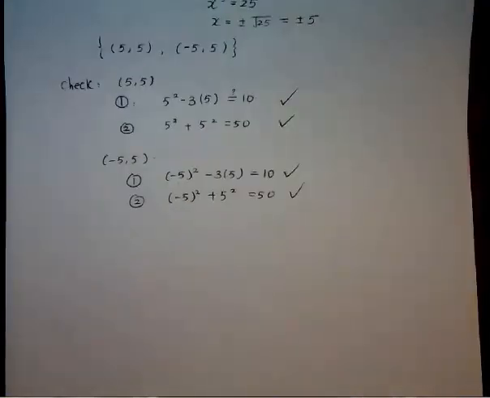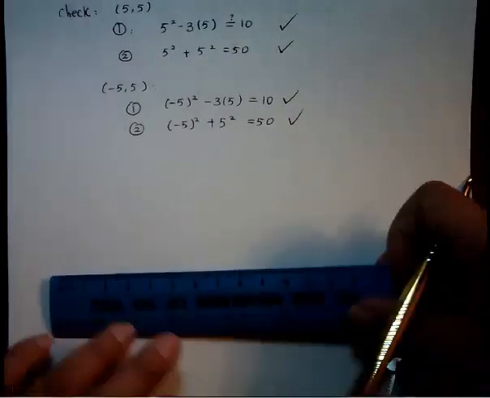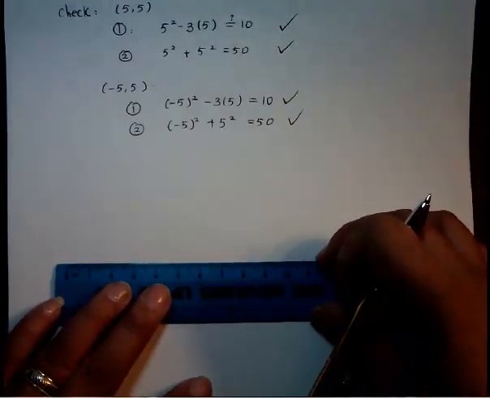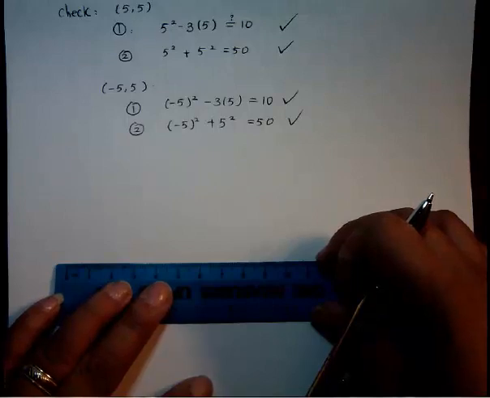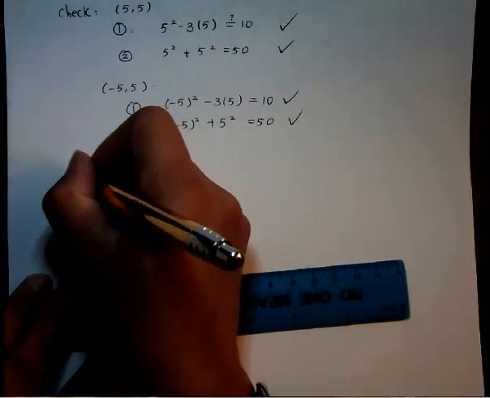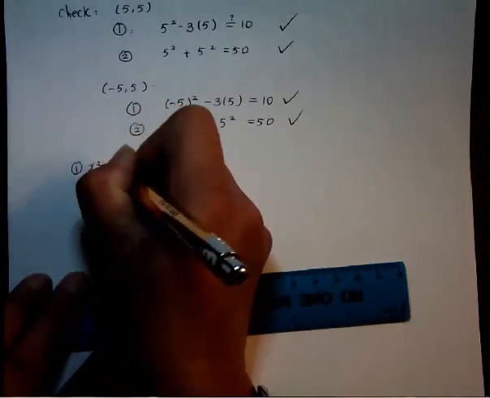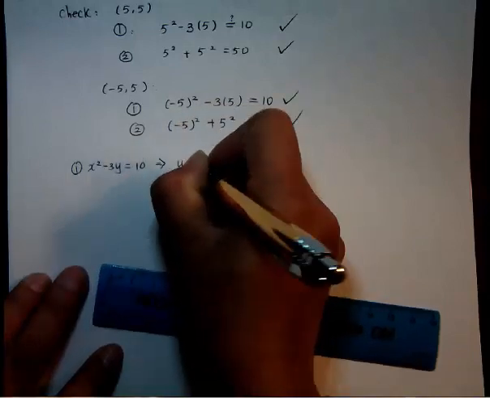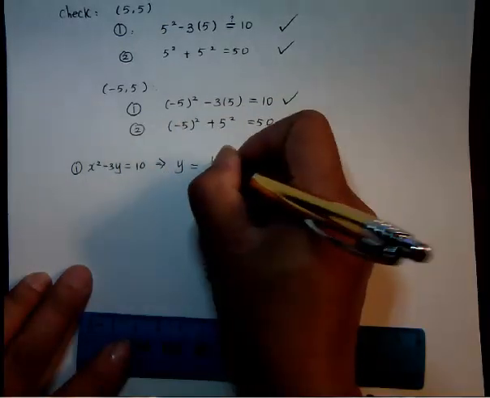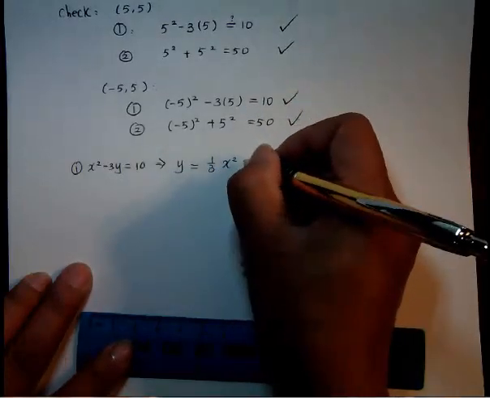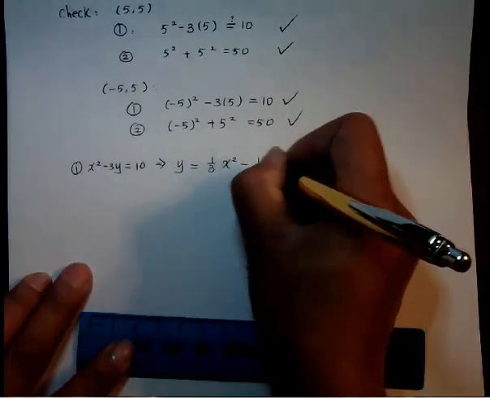Again, you might be curious, what does that mean in the graph, right? Let's take a look in our graph. Let's grab the first one. The first one is x squared minus 3y equals 10. You can see this is a quadratic equation. If you solve for y, that's y is equal to 1/3 x squared minus 10/3 here.